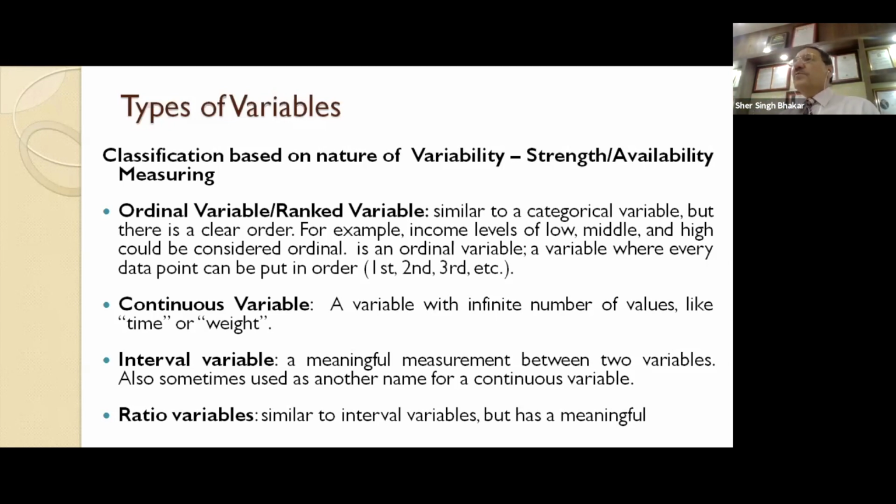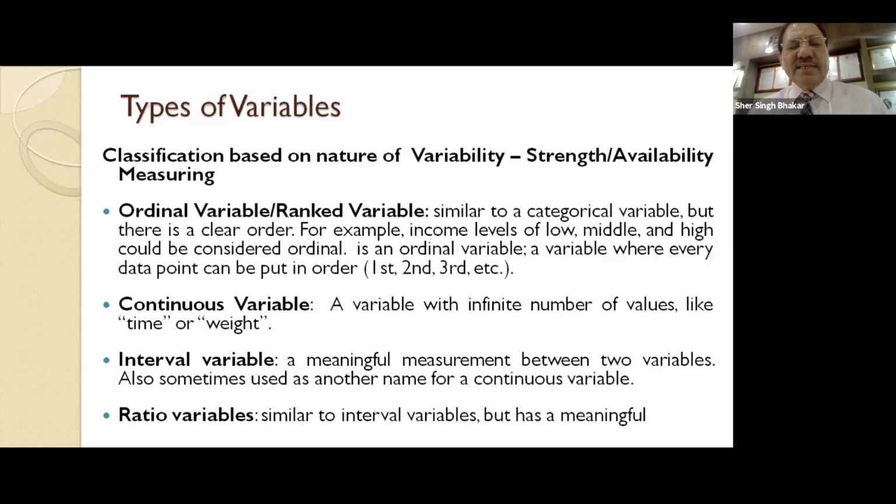Like, if we are evaluating the quality of delivery in this session, we can start with very poor, poor, average, good, or very good. Right, so poor is better than very poor, average is better than poor, good is better than average, and very good is better than good. That means there is a hierarchy, there is a ranking. That means if you are able to rank, it's an ordinal variable, or we also call it rank variable.